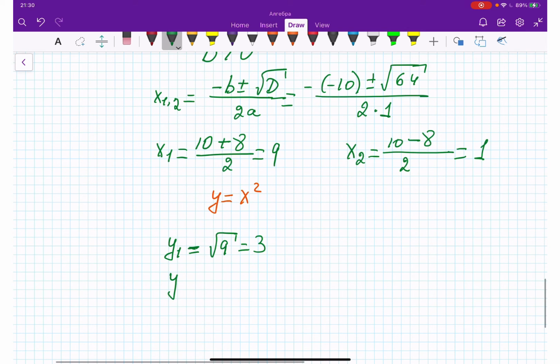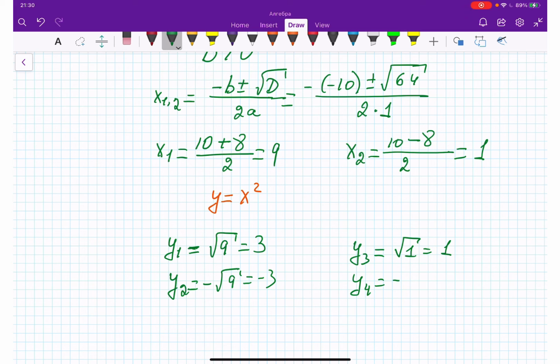And y2 is equal to the negative square root of 9, equal to negative 3. And then y3 is equal to the positive square root of 1, equal to 1. And y4 is equal to the negative square root of 1, equal to negative 1.